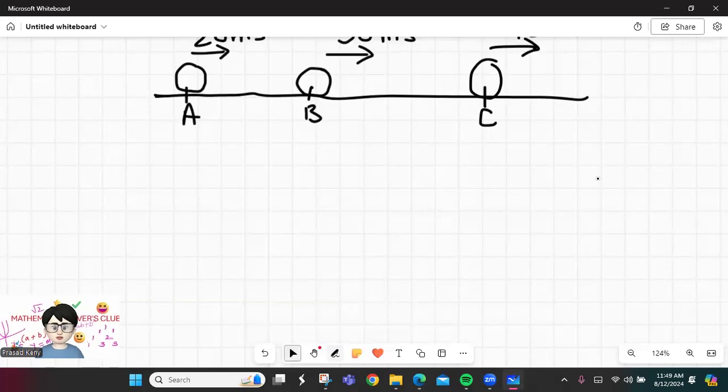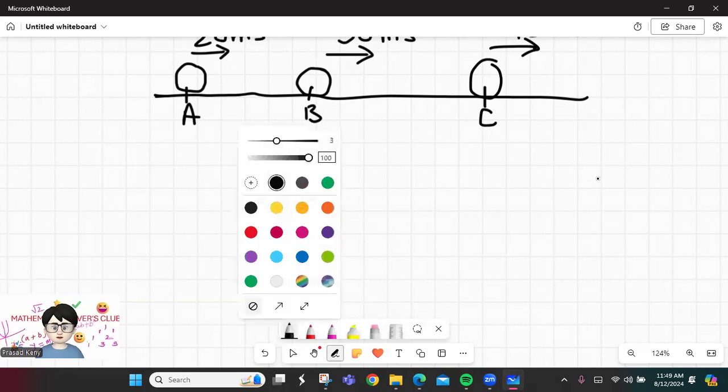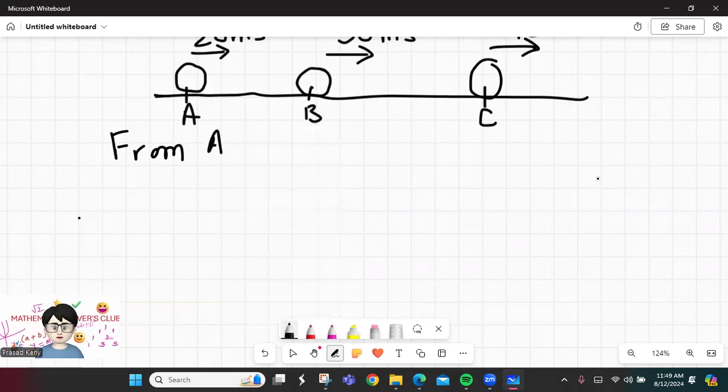So first for the journey from A to B, the initial velocity u is 20 meter per second. Final velocity, that is the velocity at B, is 30 meter per second.